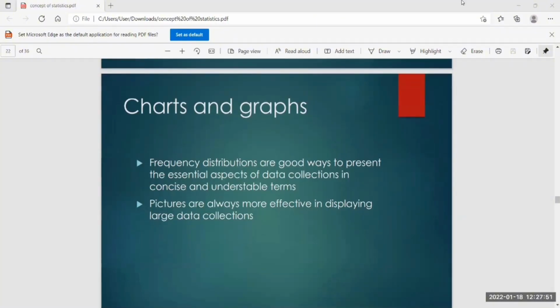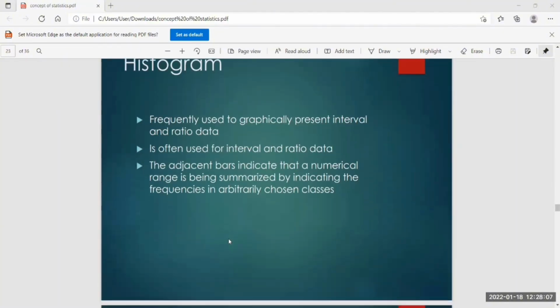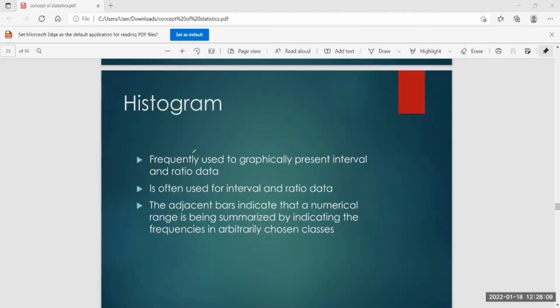Charts and graphs. Frequency distributions are good ways to present the essential aspects of data collections in concise and understandable terms. Pictures are always more effective in displaying large data collections. So these are the charts and graphs. The histogram is frequently used to graphically present interval and ratio data.